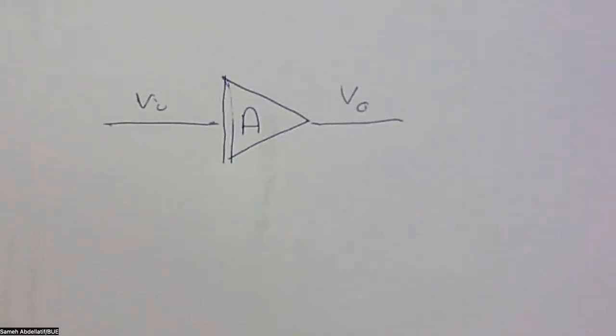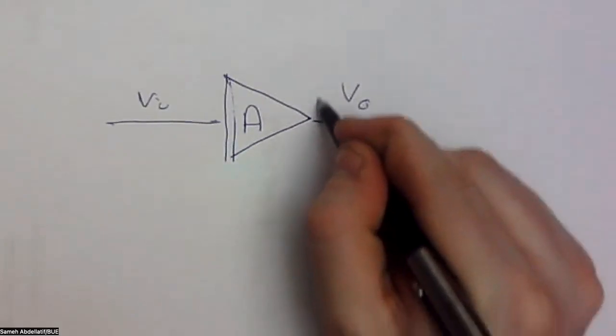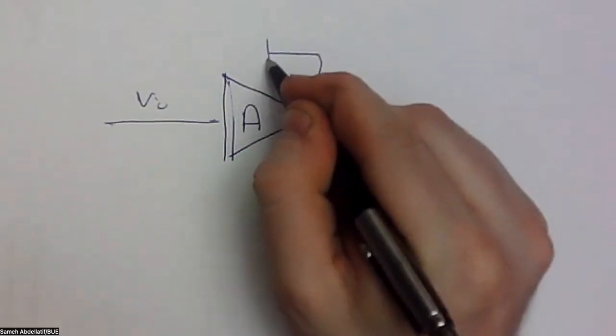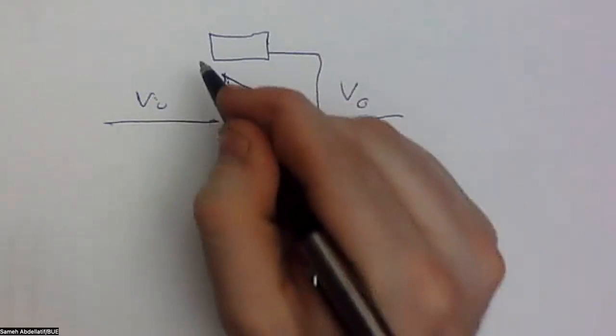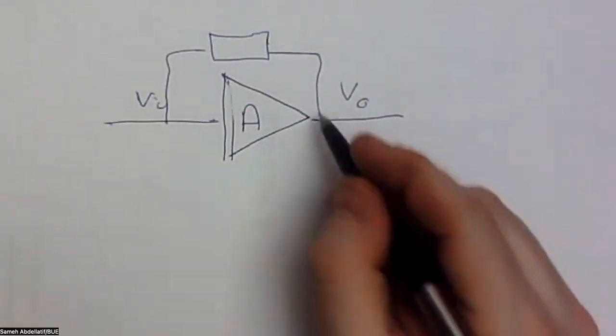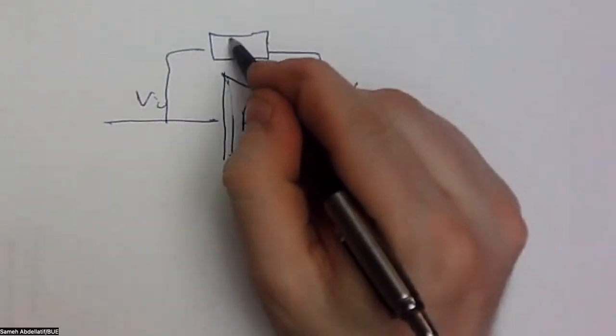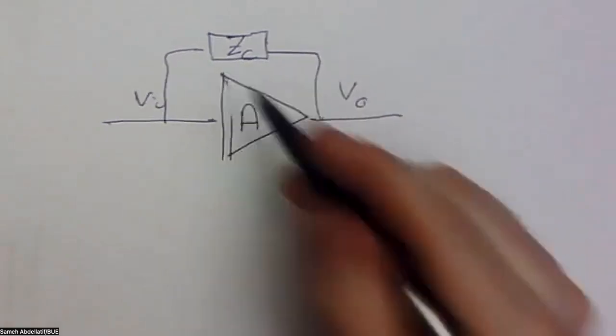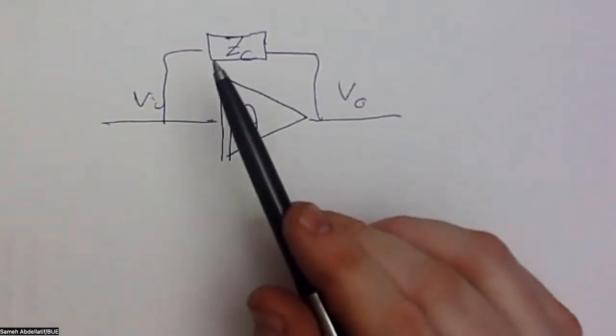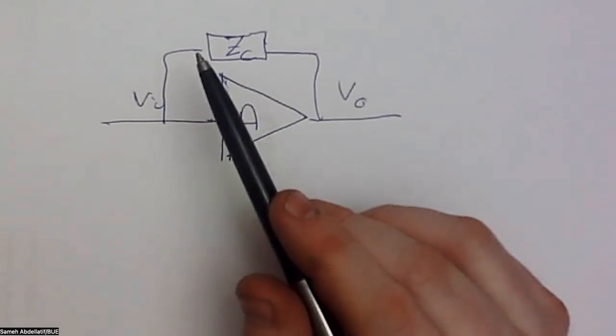Okay. The problem is, due to this Miller effect, a capacitance appears to feed back the output to the input, which let's call ZC, where ZC is the equivalent impedance for this capacitance.